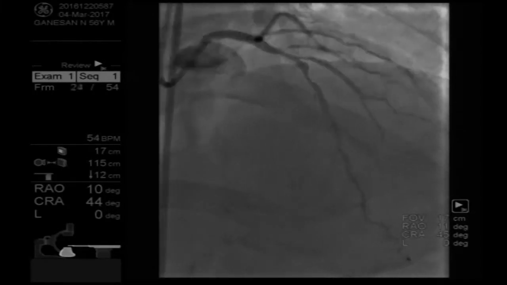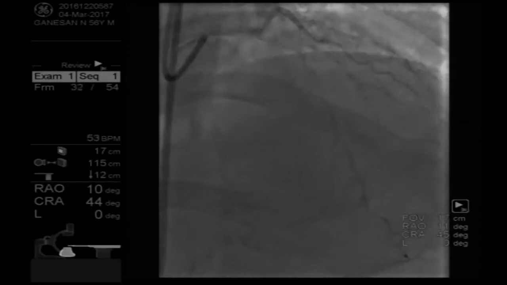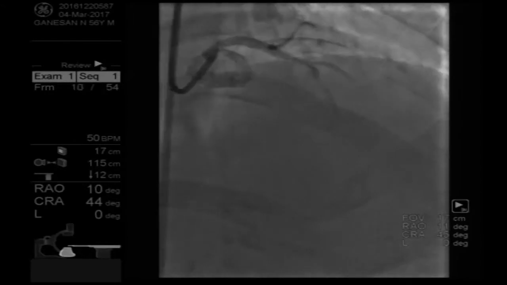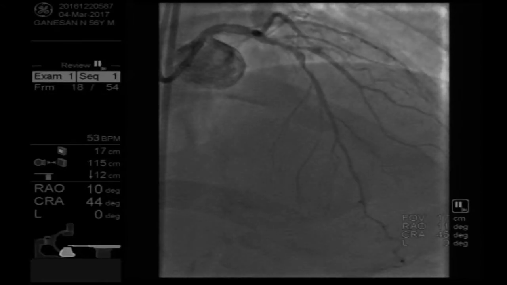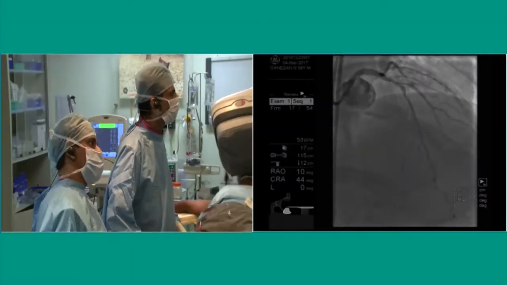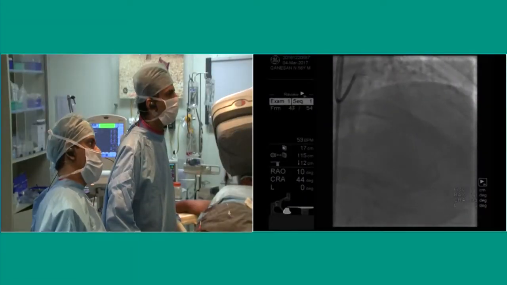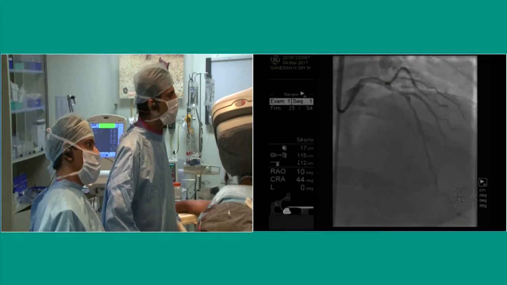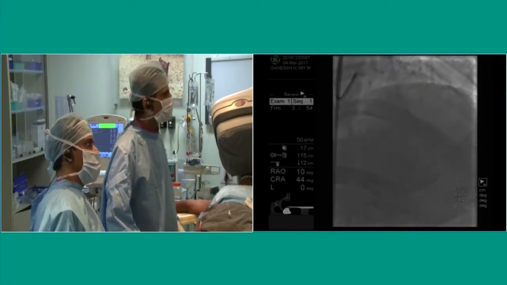The diagonal appears to be around a 2 to 2.2 millimeter vessel, and has a mild lesion in the ostium. And what is the ejection fraction like? It's 50%.